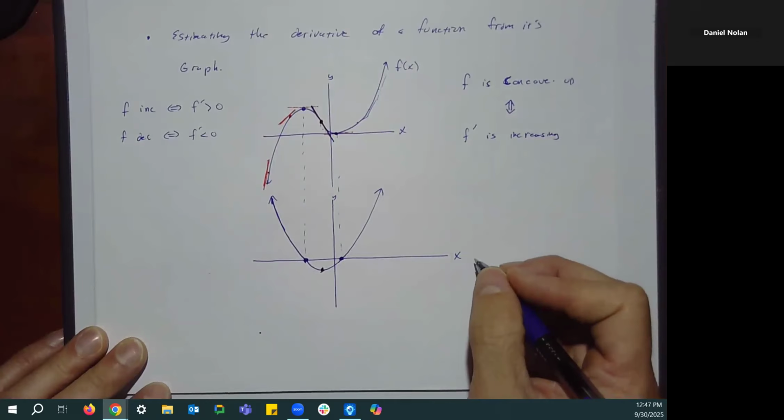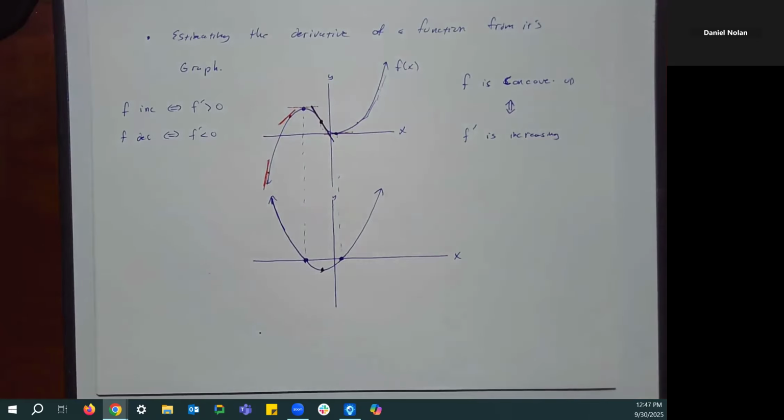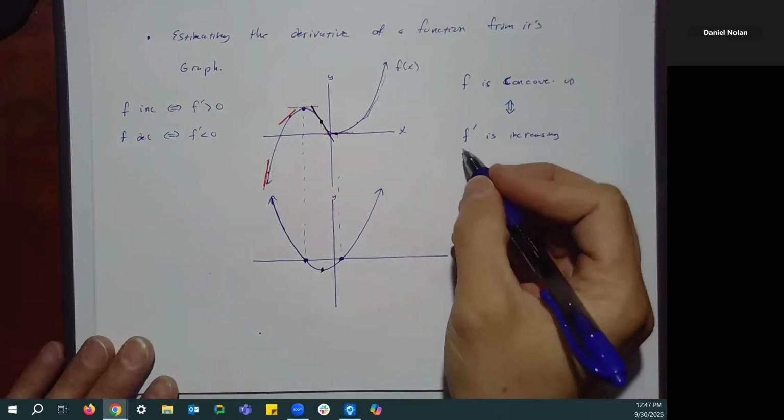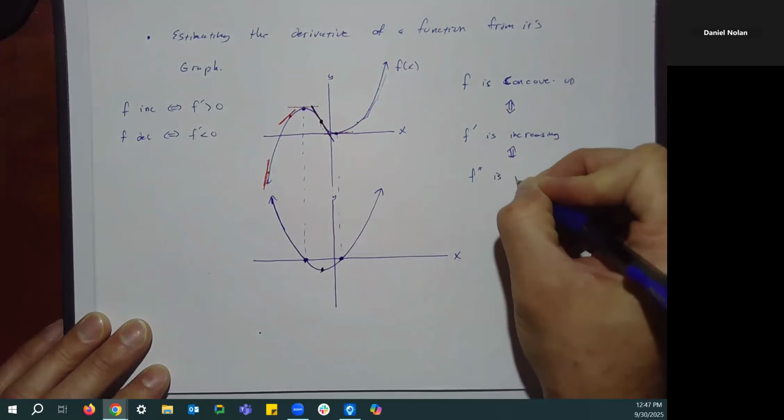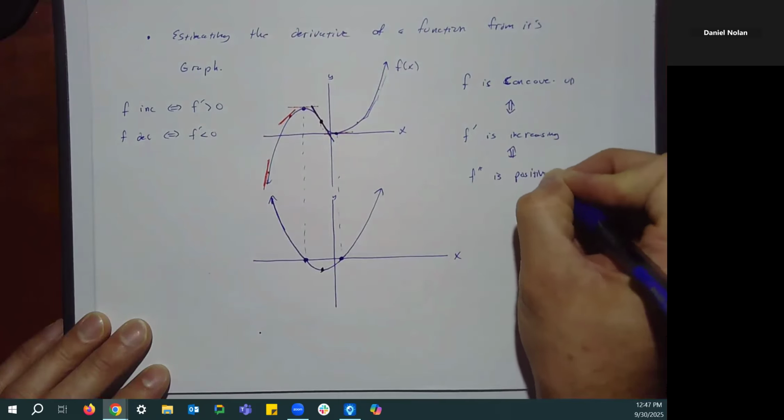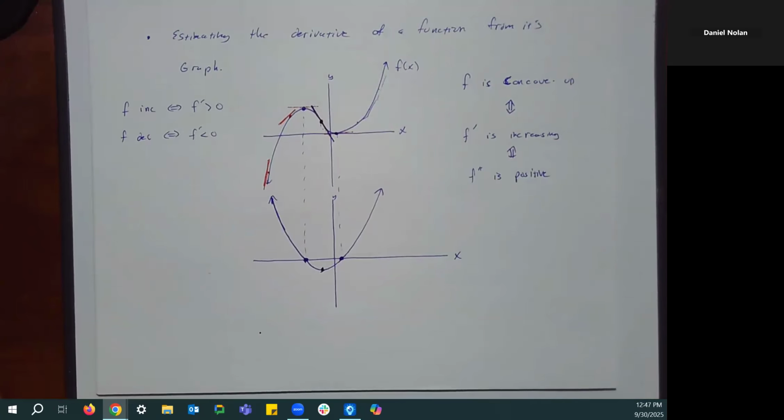And then we know if a function's increasing, its derivative should be what? Right. So the derivative of the first derivative is positive. Oh yeah, we kind of said that already, right?